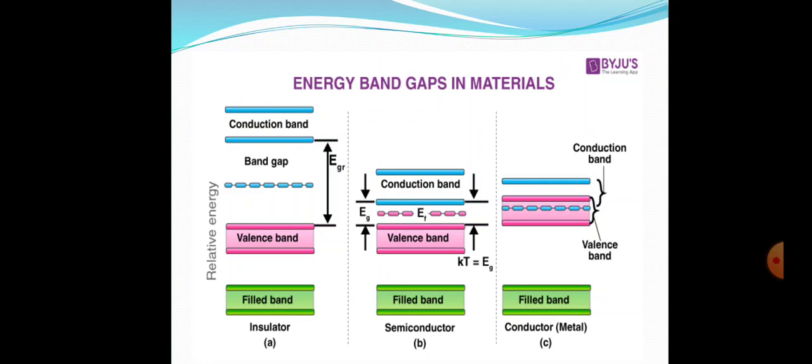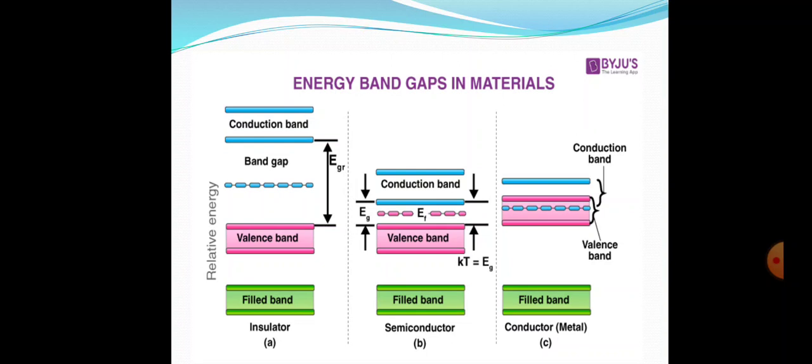So we can surely say that at any temperature, the conductor will not lose its conducting property. The main reason is that free electrons are always available in the conduction band as it overlaps with the valency band.